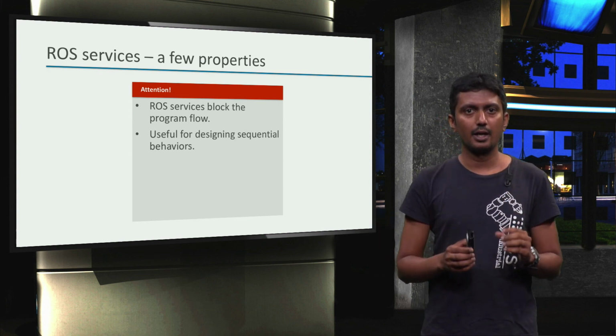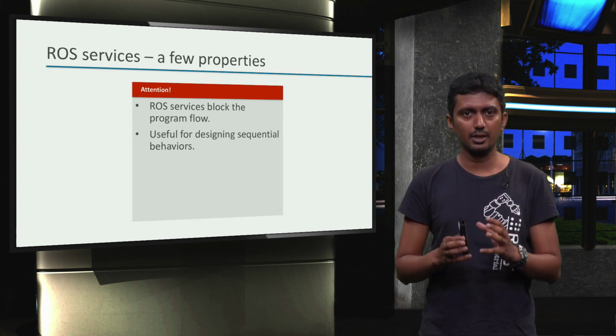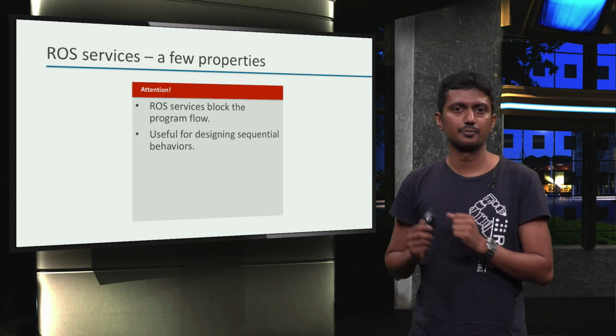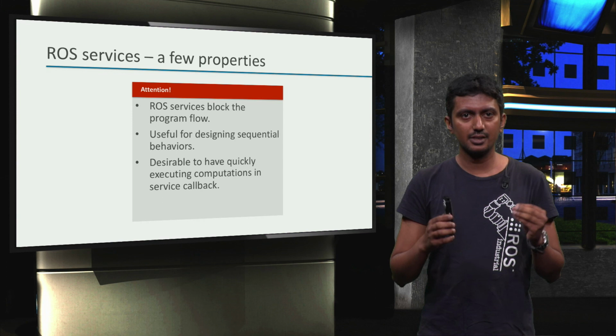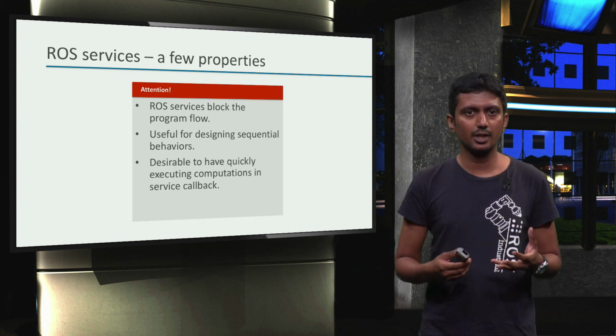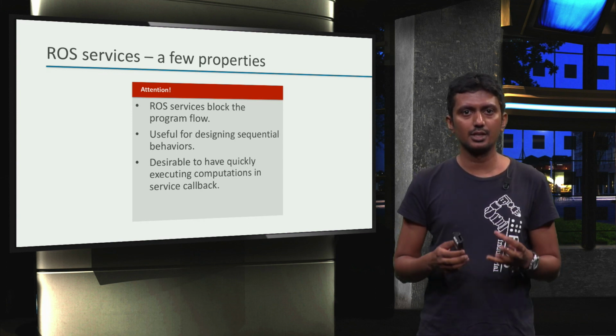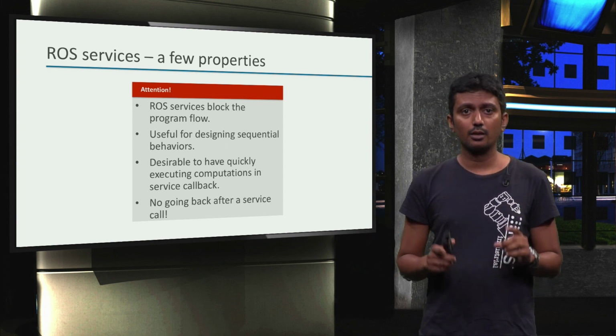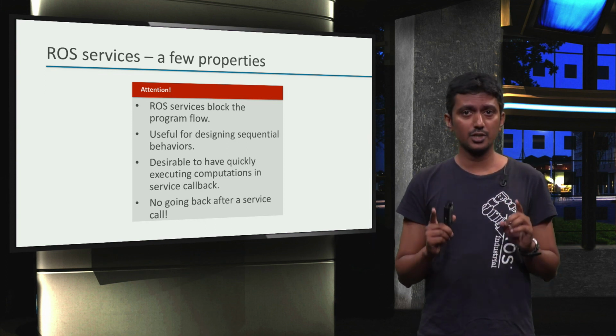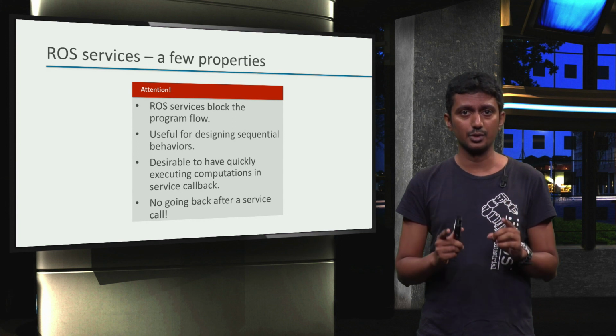That is, a desired functionality is implemented as a series of service calls. Due to the blocking nature of a service call, it is desirable to have quickly executing and deterministic computations inside service callback functions. And lastly, there is no going back once we have entered into a service execution until it is complete.